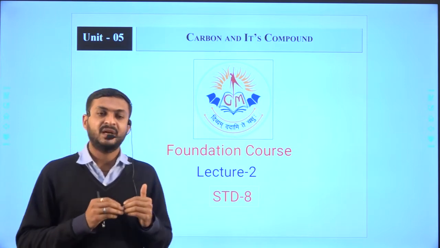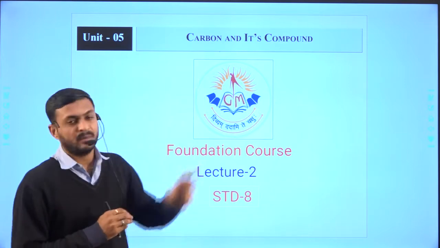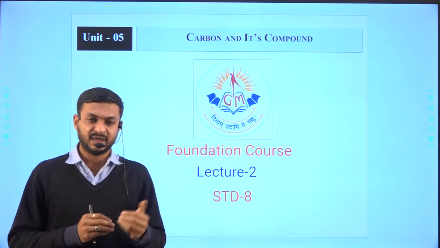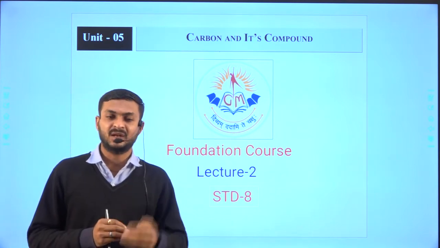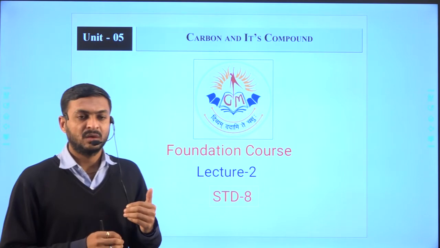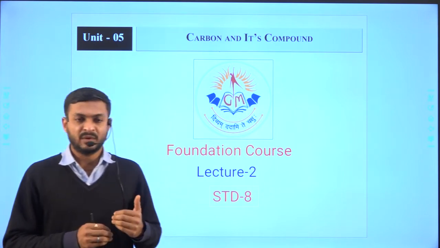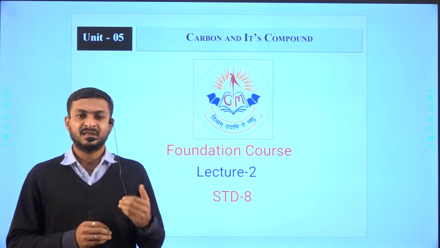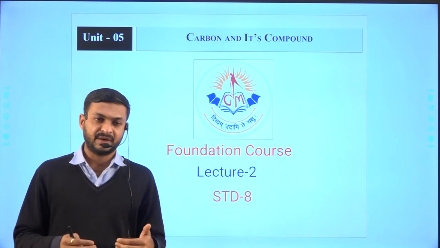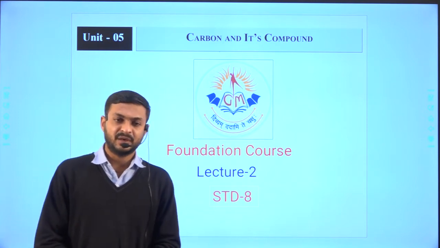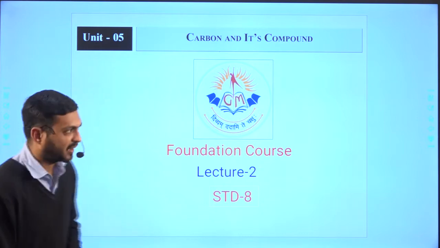Up to now we have discussed only the carbon atom, and the two forms we discussed are diamond and graphite. Today we are going to study the remaining form, called fullerene.